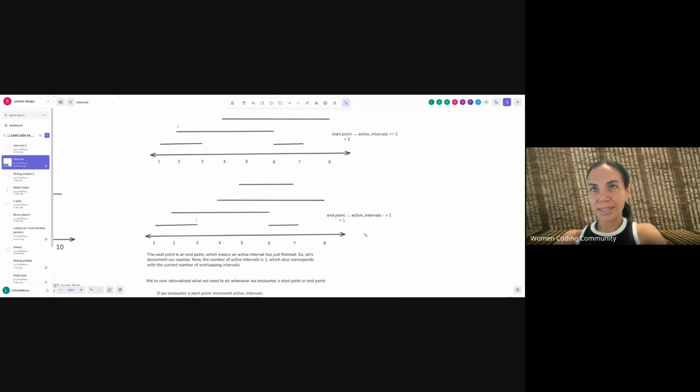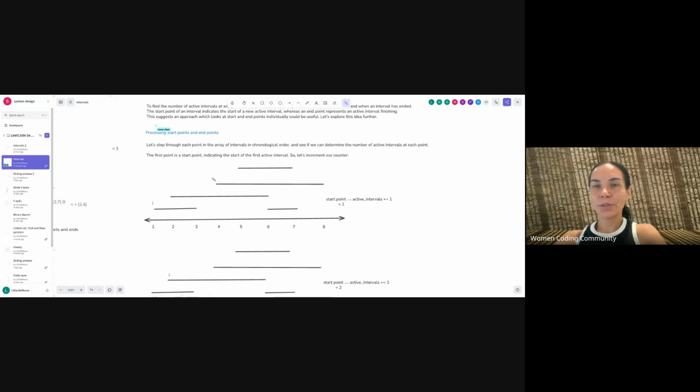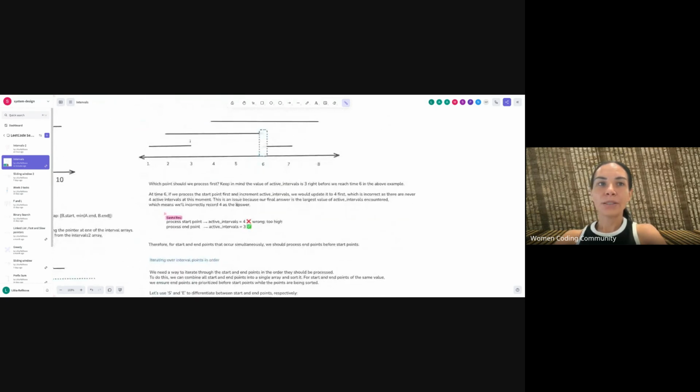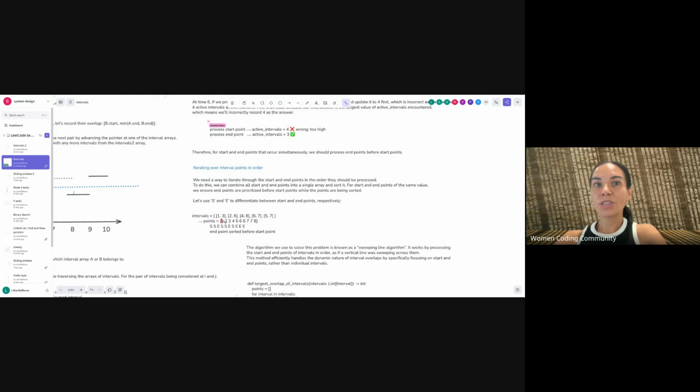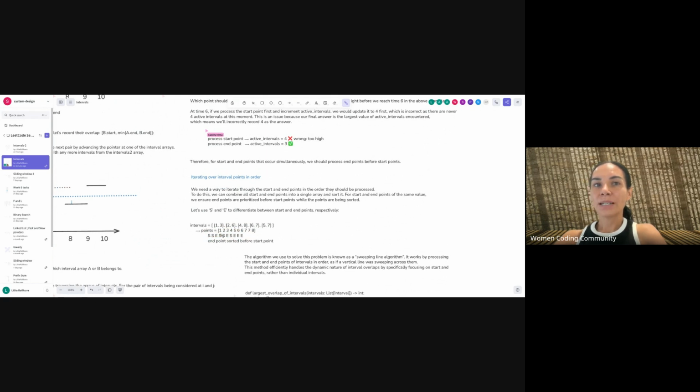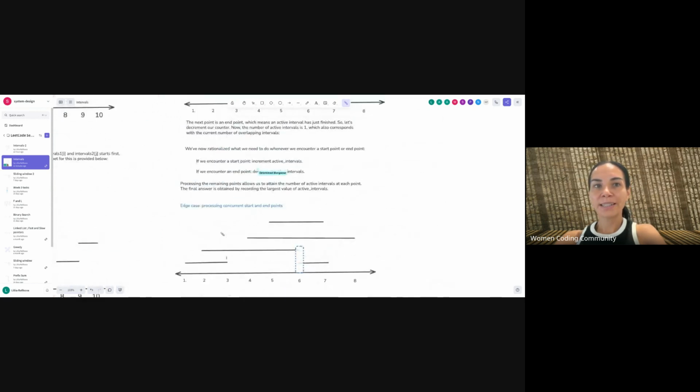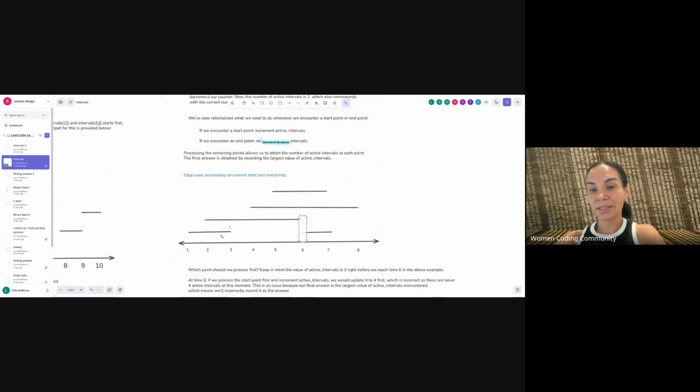How are we doing this? I tried to explain from here. Once we put them all in the list, we know who is a start and who is an end. We will put an identification on whether it's a start or end, and we will track each start and end point, because a start is a signal that there is one interval which has already started.